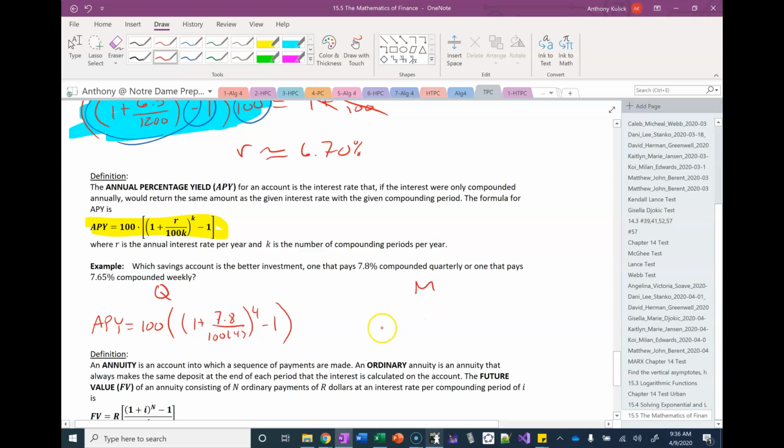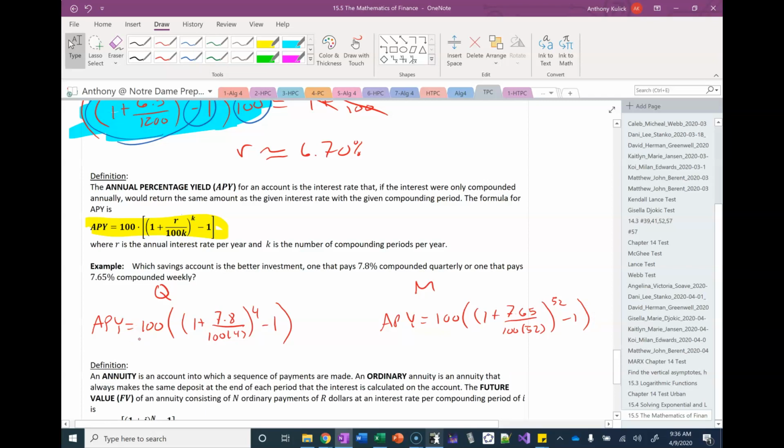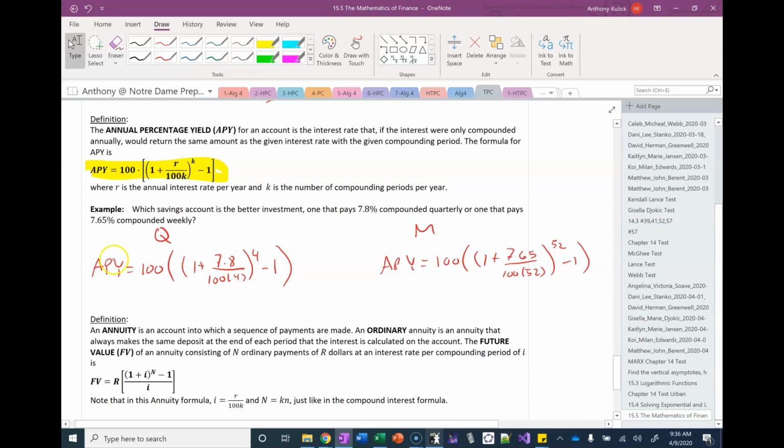And the weekly one, the APY is 100 times 1 plus 7.65 over 100 times 52, to the 52, minus 1. Let's call these APYQ and APYM, for quarterly and the other, and just go to my graphing calculator and type these in.